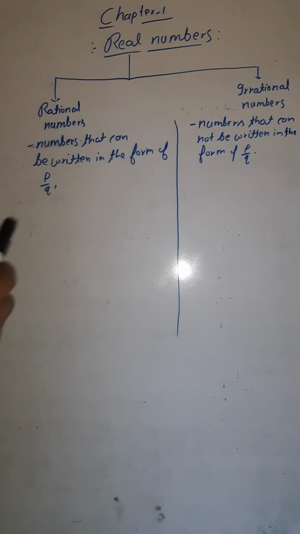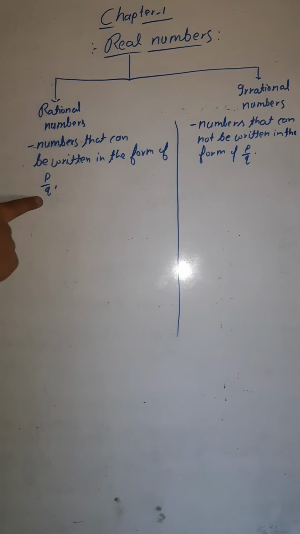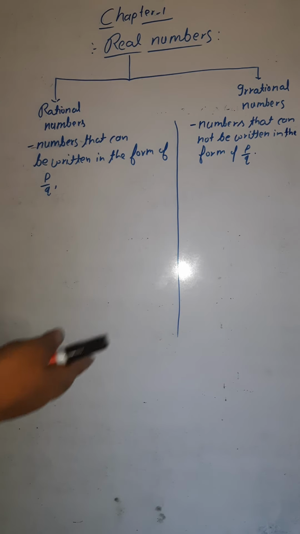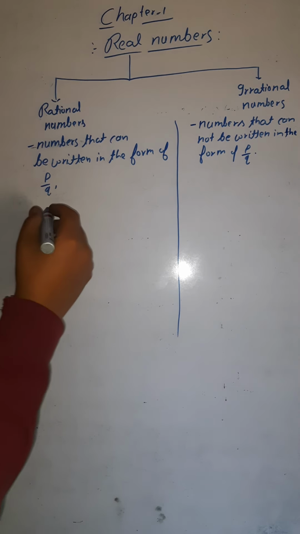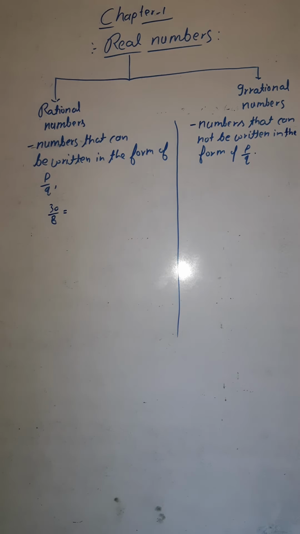Very good. Now, if we talk about the decimal expansion of rational numbers, because they can be written in the form of p by q, if you divide p by q you would get an answer, which might be in decimal form. Suppose I write a number 30 by 8. Let's divide this 30 by 8.